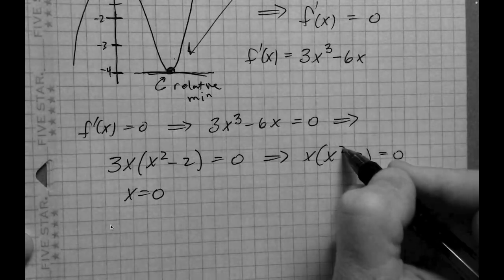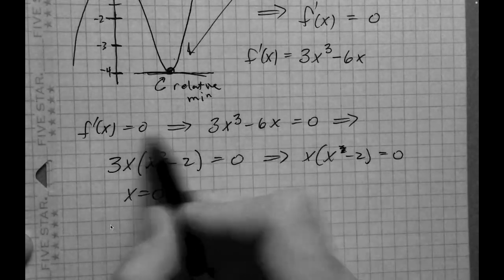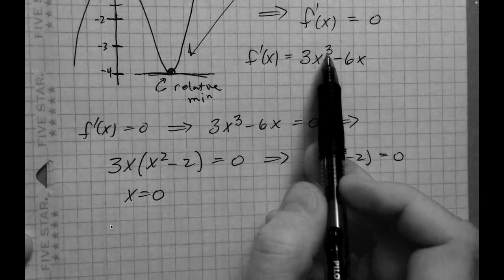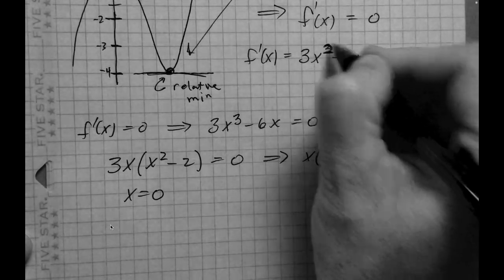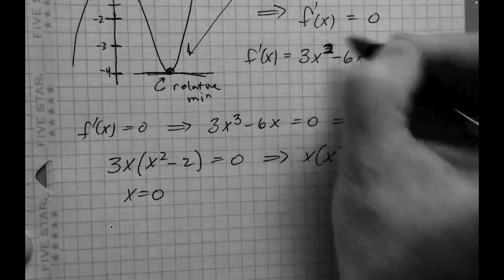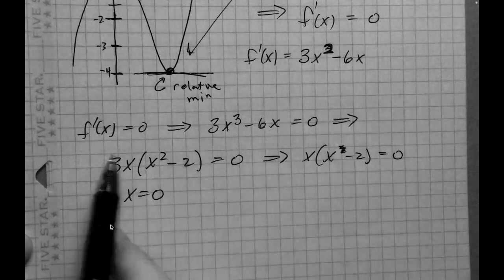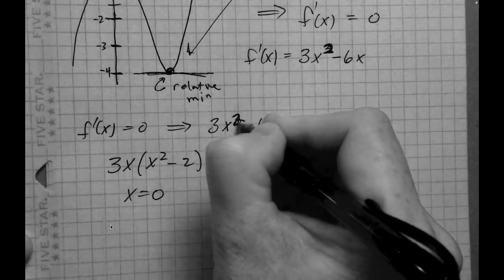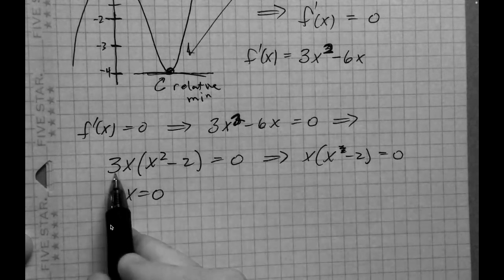Sorry, I was looking at this wrong, and I had a typo somewhere here. This should not be cubed. It should be 3x squared minus 6x. So be careful of that.